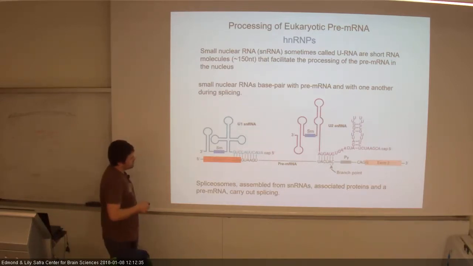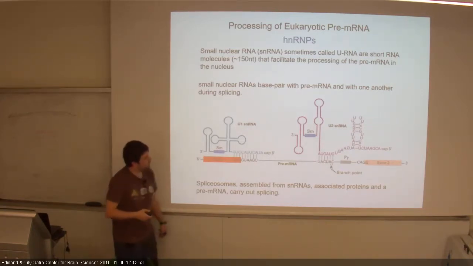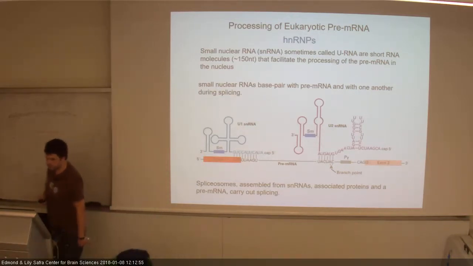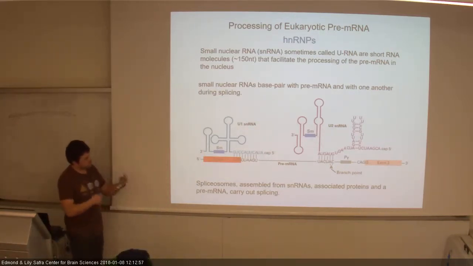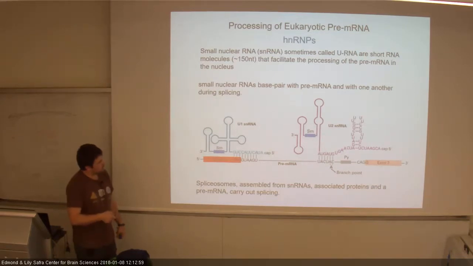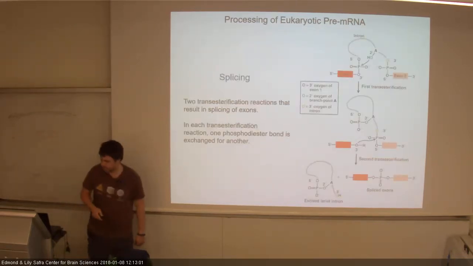For example, U1 snRNA is responsible for identifying the junction between the exon and the intron at the 5' end, and U2 snRNA is responsible for identifying the branch point. And there are other small RNAs responsible for the rest of the function of splicing.